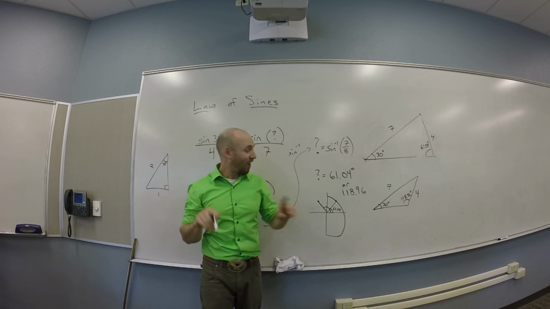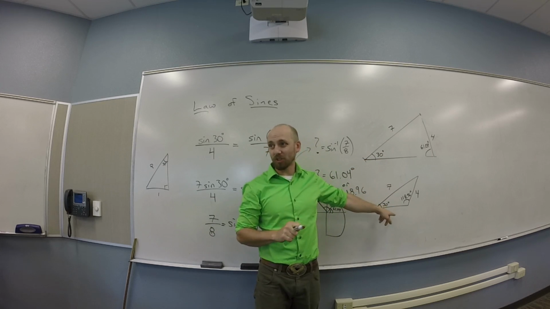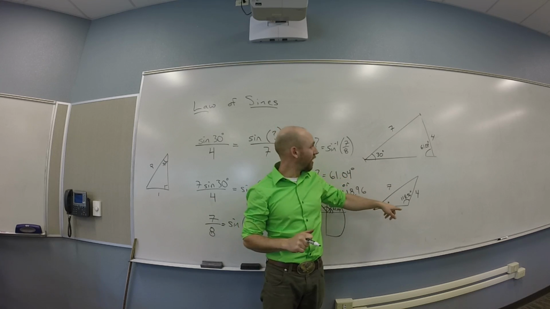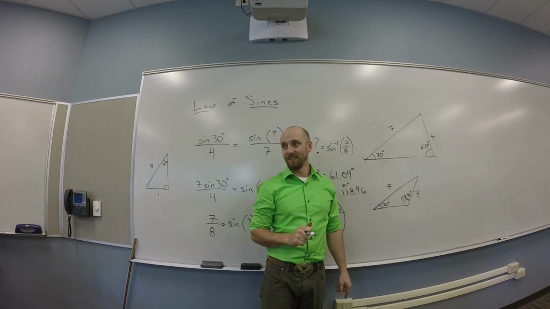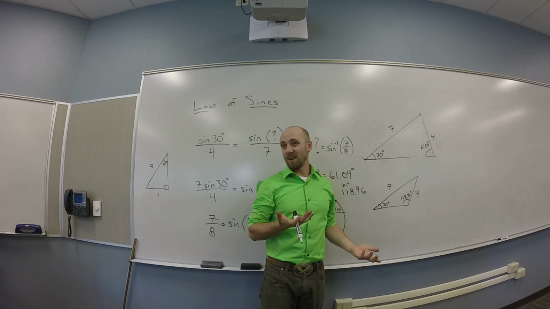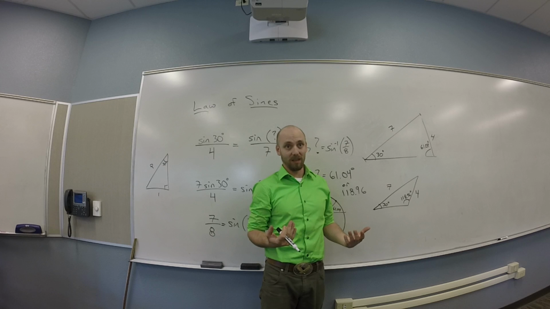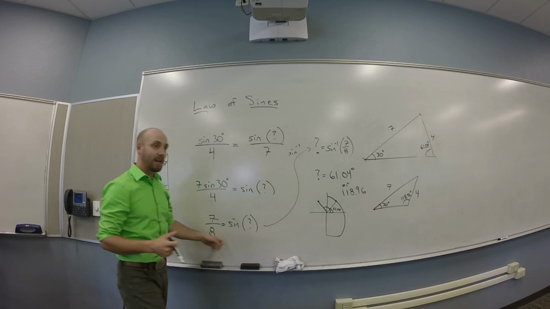And on these, I can pretty well tell if I have a picture of the triangle which one it is, right? Those look pretty different. But what if that was way closer to 90? Then in my picture, I might not be able to tell, especially if it's the kind of crummy picture you guys usually get out of me. So you got to be a little careful, especially if they're near 90.